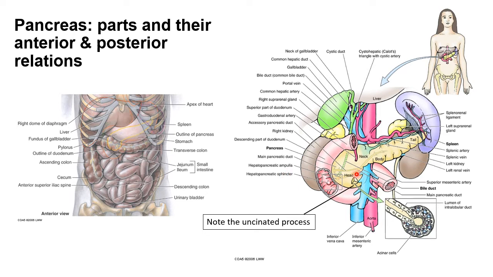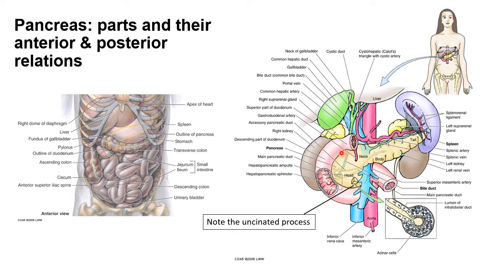The relations of the pancreas. First, let's start with the parts of the pancreas. It has the head and the neck, and then the body and the tail. Each of these parts of the pancreas has some important relations. Let's start with the head.